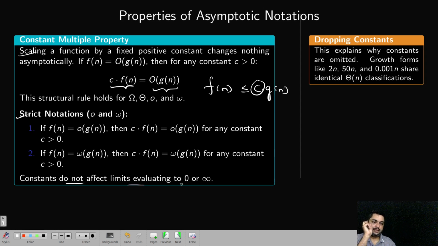Constants do not affect limits evaluating to 0 or infinity. Whenever I take this, we are evaluating the limit of f of n divided by g of n, so whenever I take some constants here, it doesn't matter.